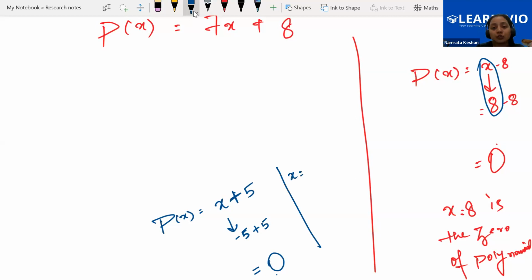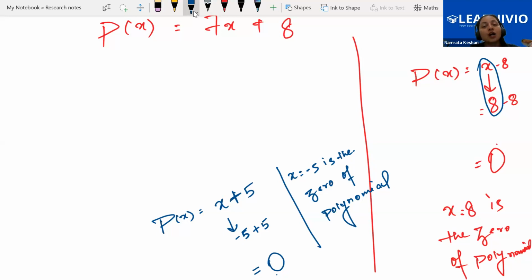So x value -5 is called the zero of the polynomial. So first you should understand the meaning of zero: we are searching such an x value which will make the polynomial 0.